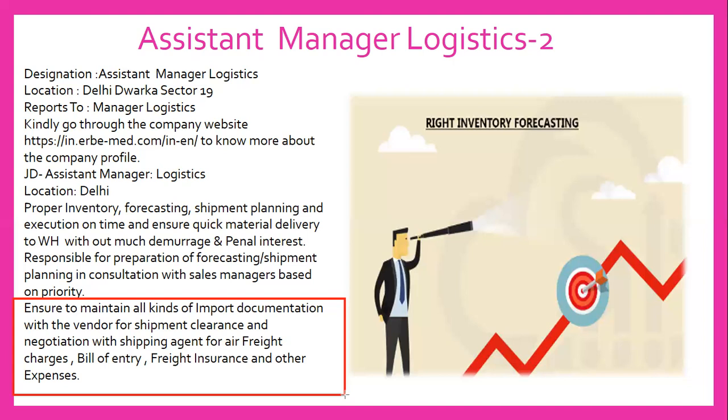After that there is no responsibility under that particular insurance taken by the shipper. So here we need to take another insurance from the port of discharge to the factory. So freight insurance and other expenses should also be kept in mind for this particular job.